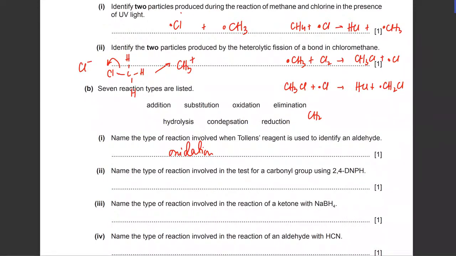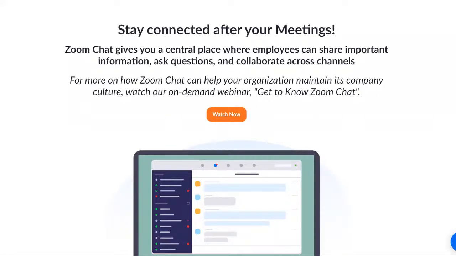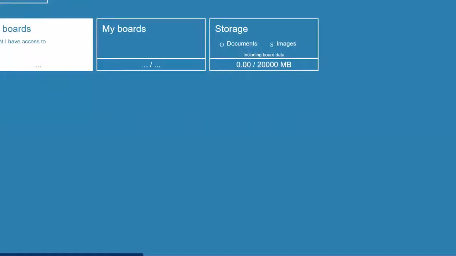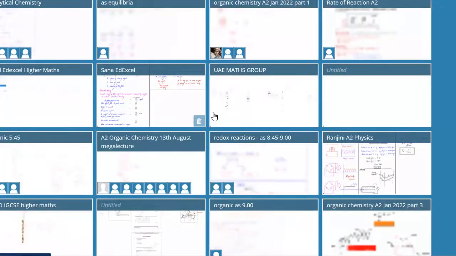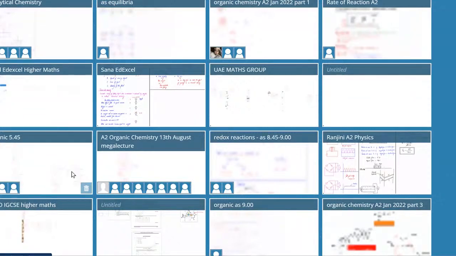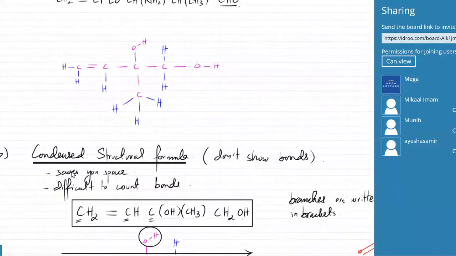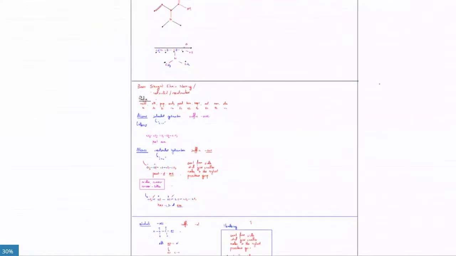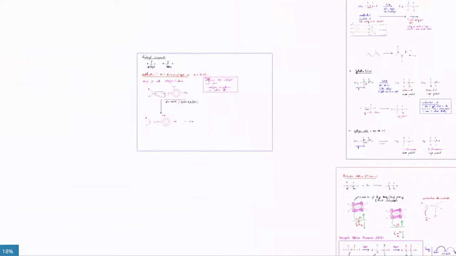This was condensation. मतलब ये notes के अंदर है. ये खोलने पड़ेंगे एक सेकेंड. ठीक है. ये वाले notes use कर रहा था. अच्छा, so this one, 2,4-DNPH. This was 2,4-DNPH. ये हमने side पे किया था.